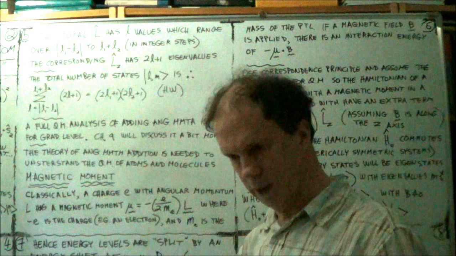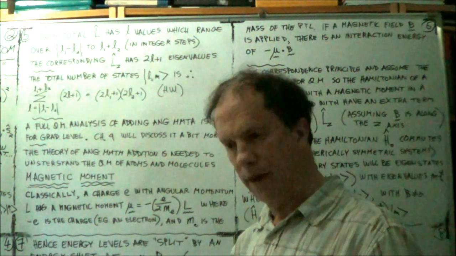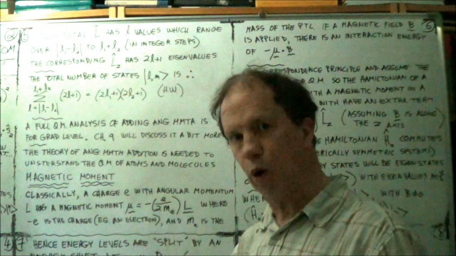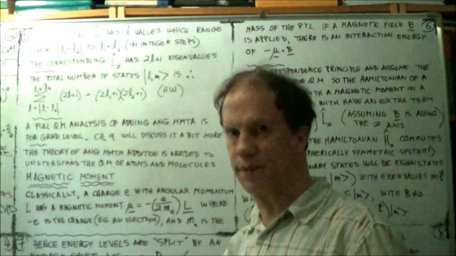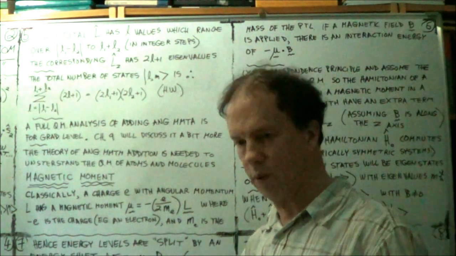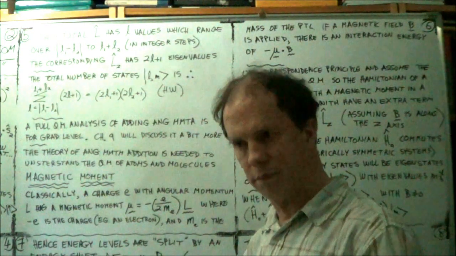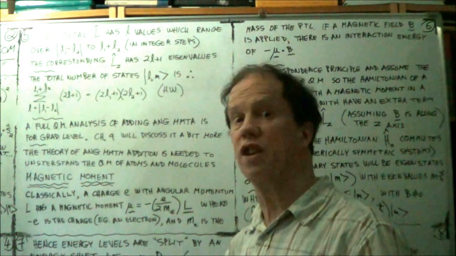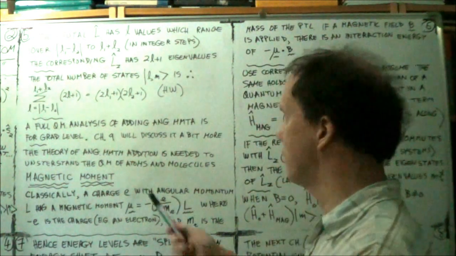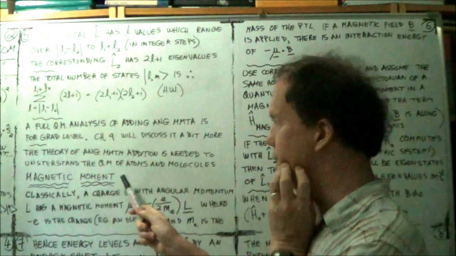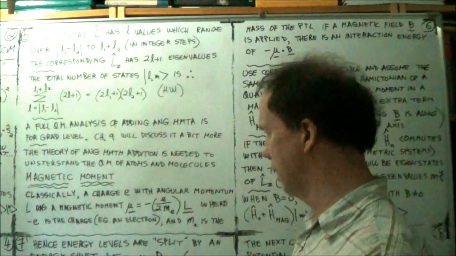We'll also talk about the angular part, the polar angles, theta and phi. In other words, angular momentum comes into it. And if we have more than one electron, we need to start talking about addition of angular momentum. So that's the relevance, right? So we needed to understand quantum mechanics of atoms and molecules.